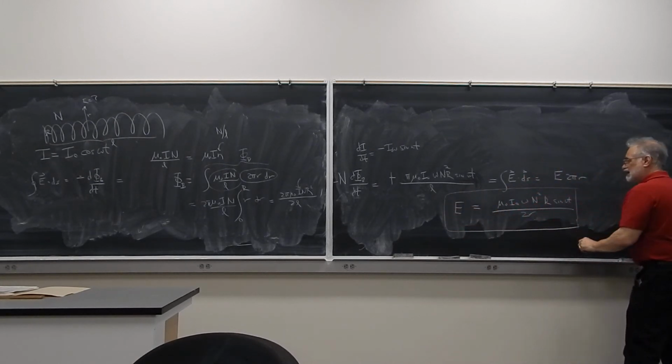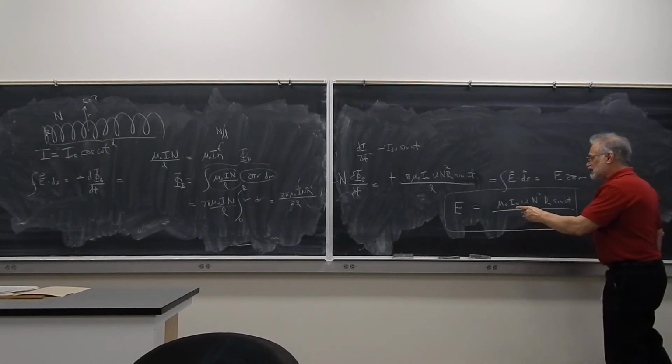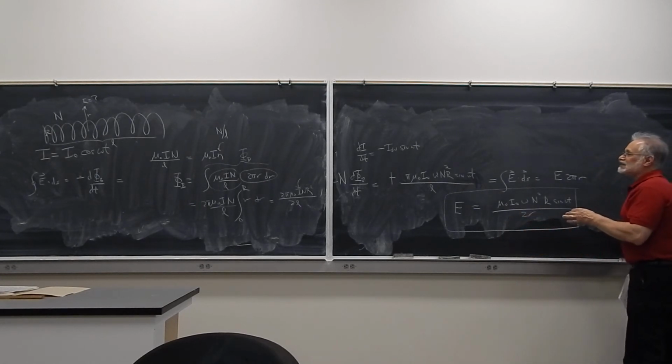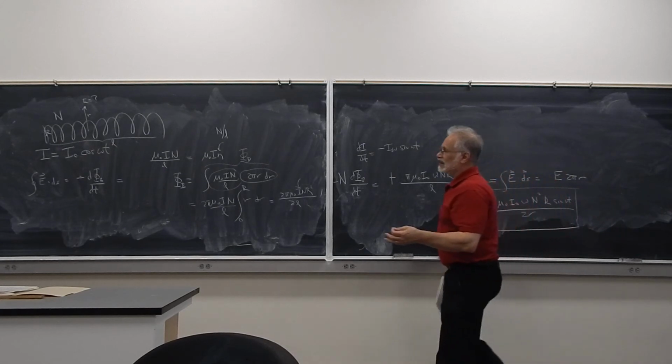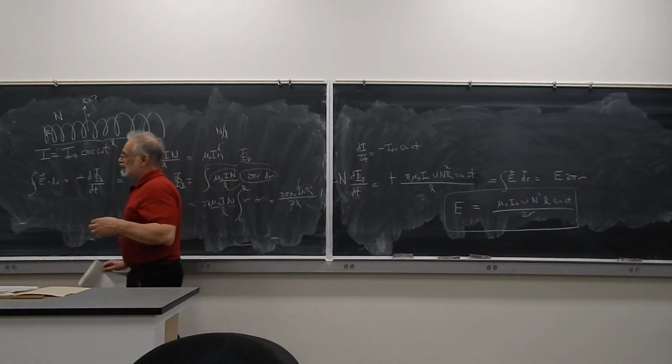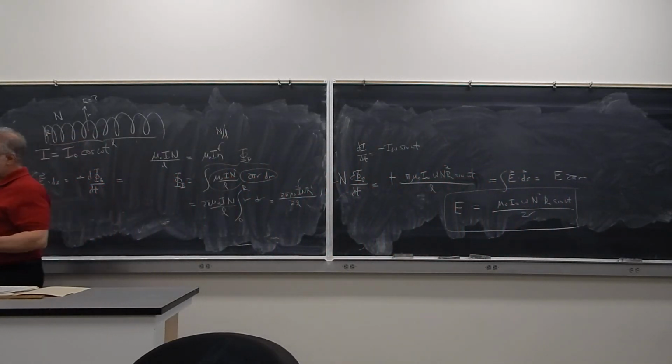And so that is my induced electric field that comes up as a result of a time-varying current. So this is a very nice example of how Faraday's law works.